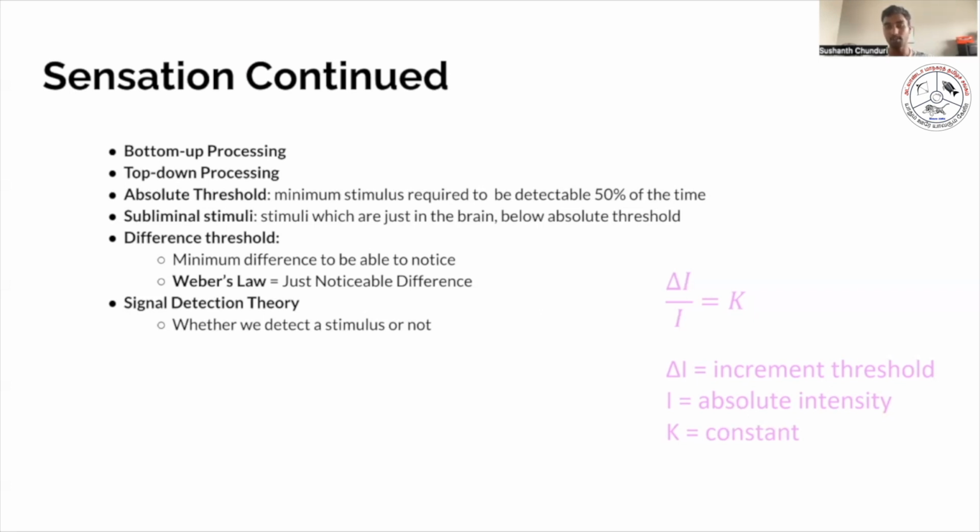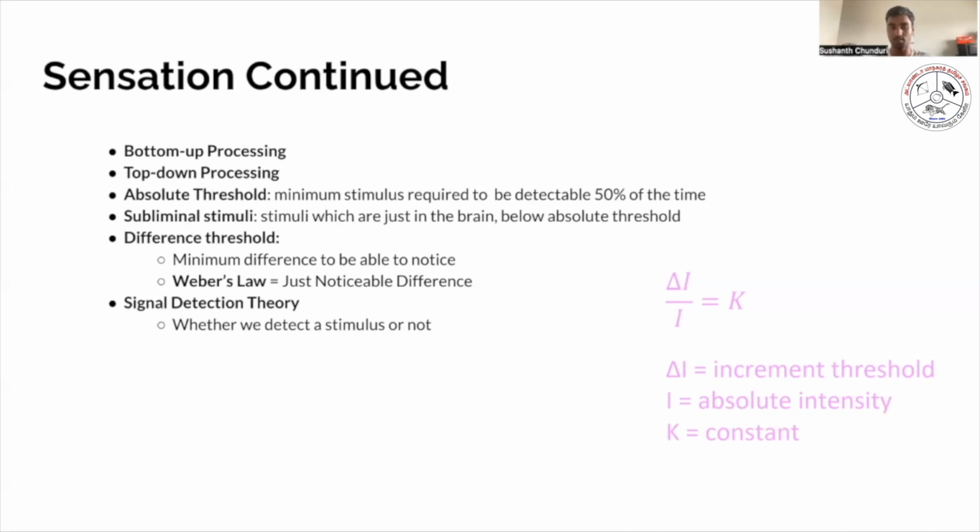But let's say I'm lifting 10 pounds and I add 5 pounds on top of that. Well, then the difference is going to be easy to recognize. So that's the idea of Weber's law: the more stimulus there is, the harder it is to detect a change in stimulus.